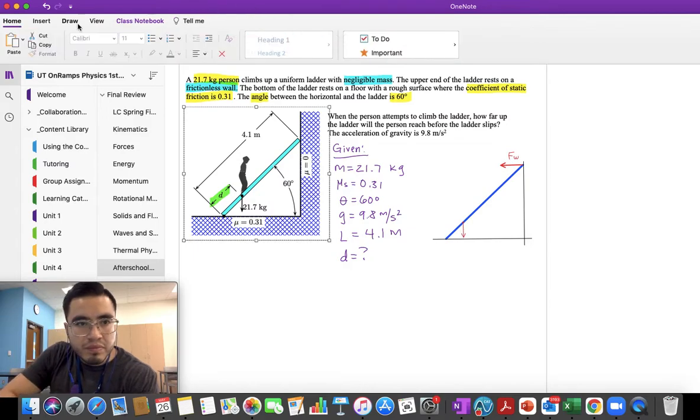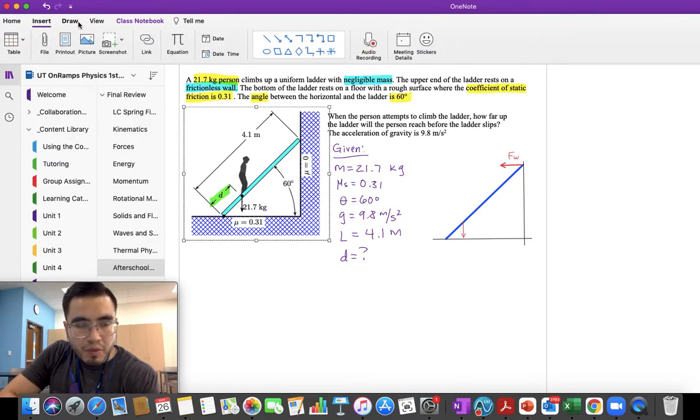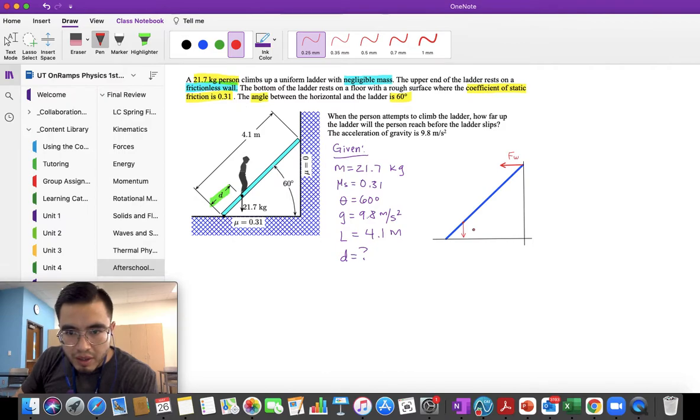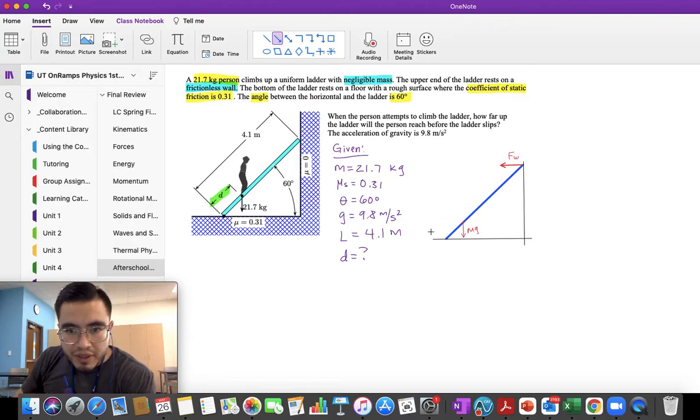This will be the weight vector, or mass times acceleration due to gravity. And then we have the force of friction that is keeping the wall from moving.